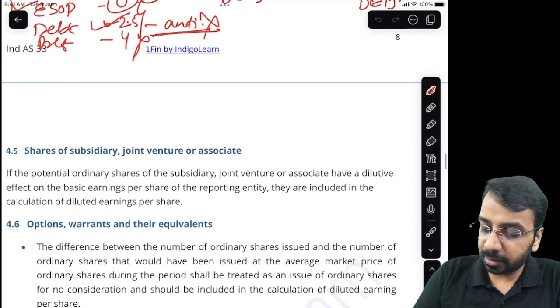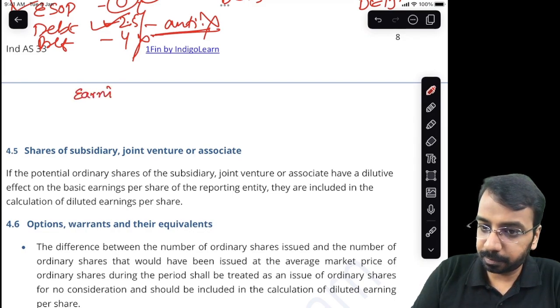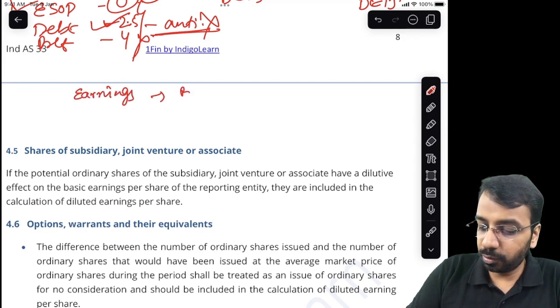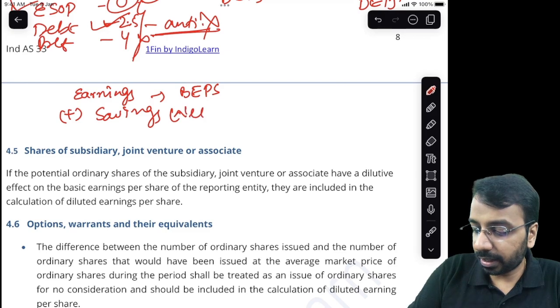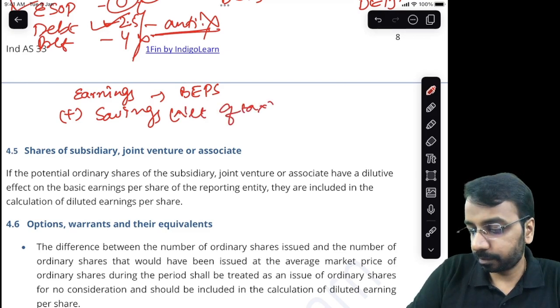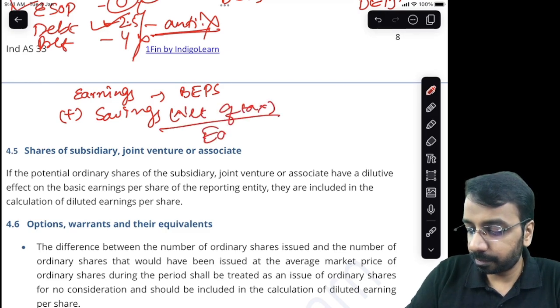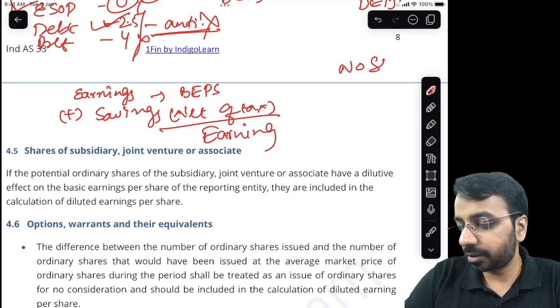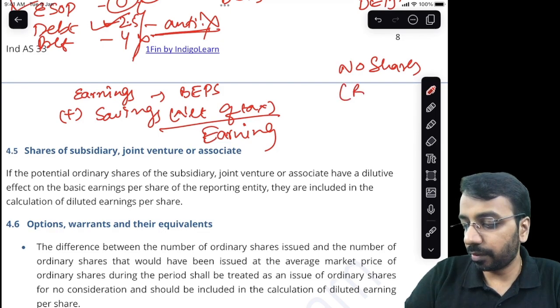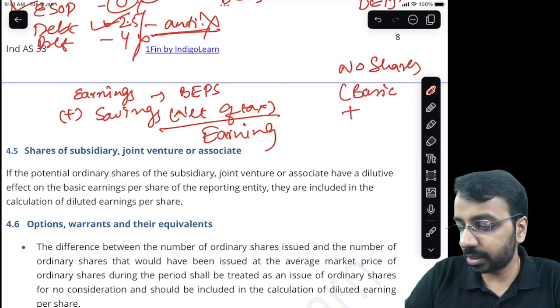So you will take earnings as you have used for basic earnings per share, add savings, net of tax, you will get revised earnings, that you will divide by number of shares which you have used for basic plus diluted.